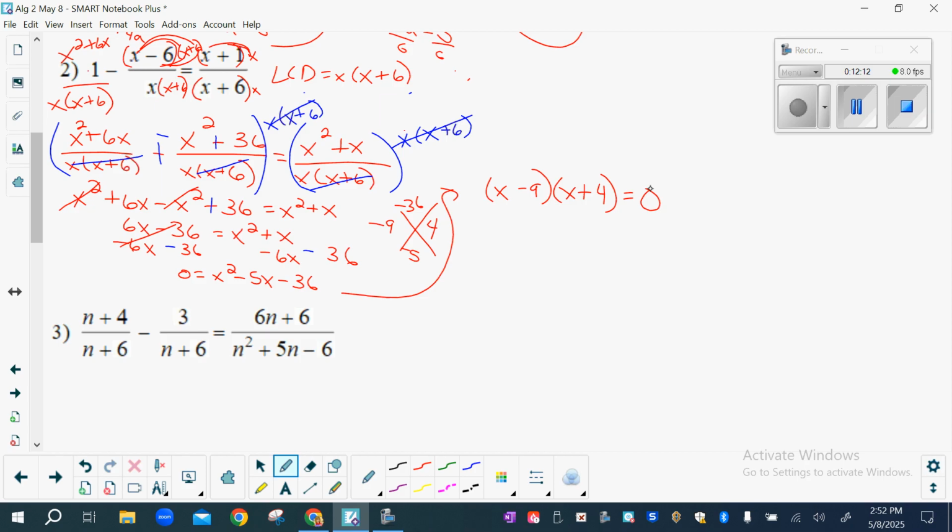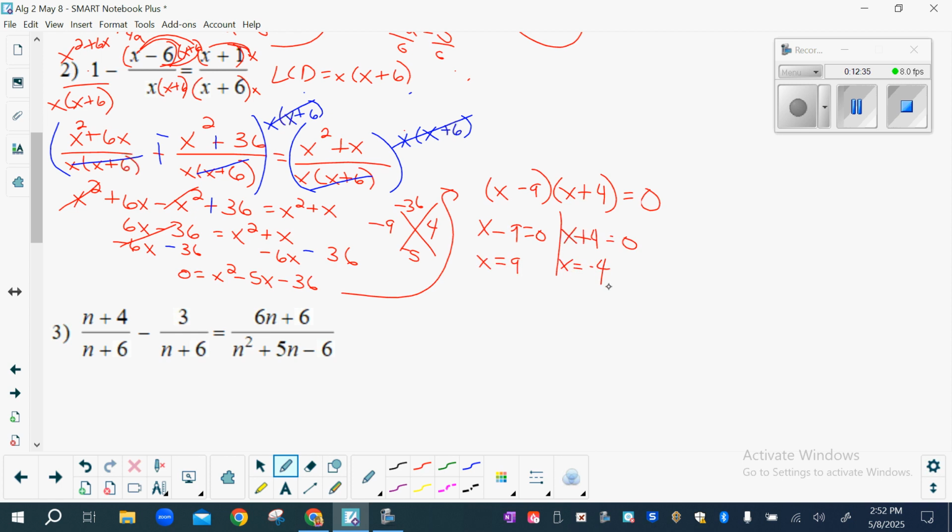This group here, what next? Separate them. So we have x minus 9 is 0, and x plus 4 is 0. Yep, x equals 9, x equals negative 4.